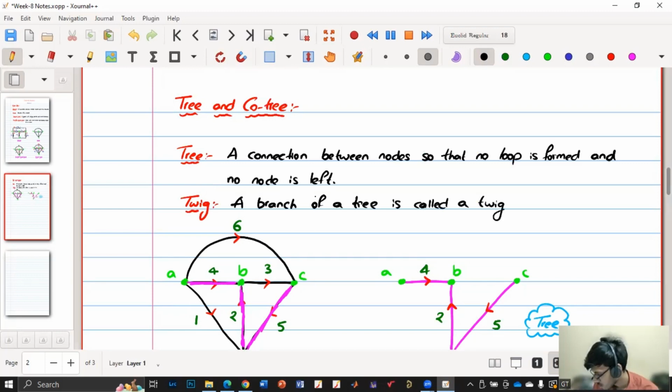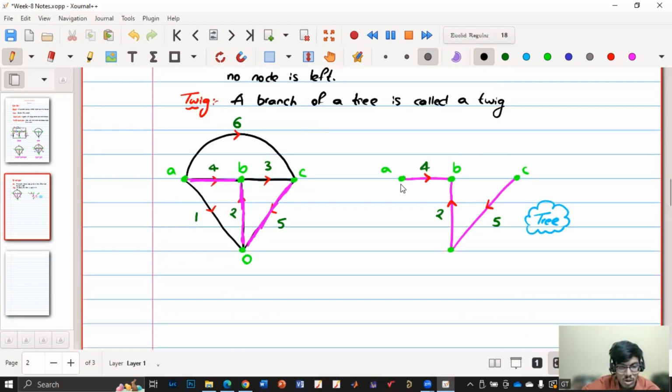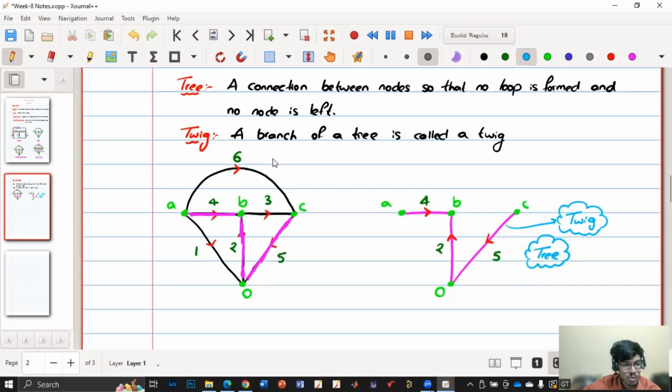Right, so here AB is a twig. Sorry, this is O, I forgot to mention. BO is a twig. CO is a twig. So a branch in a tree is called a twig. Okay, so we have understood what is a tree and what is a twig.